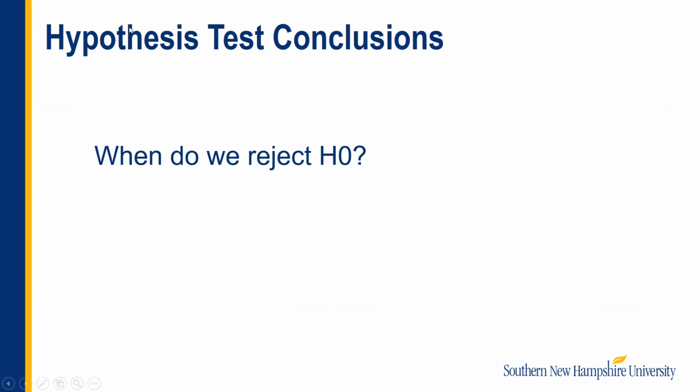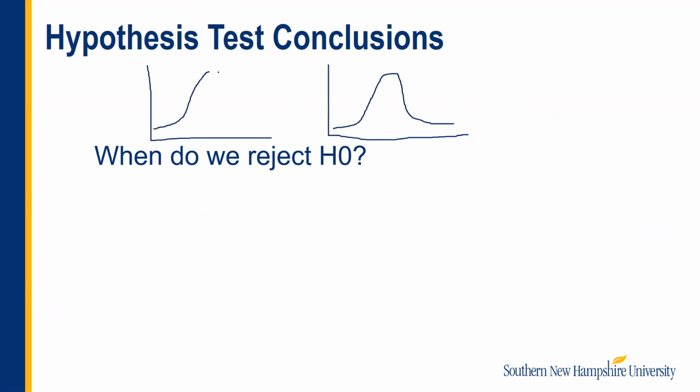All right. So we need to know if we're rejecting H0. And so what we're going to do is look at that distribution again. But I'm drawing it instead of the program. So we said that our alpha level of significance is 0.05.